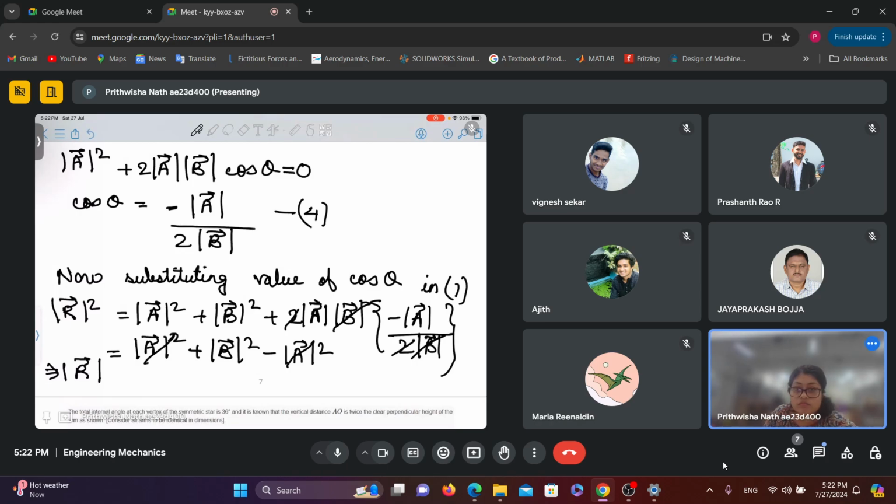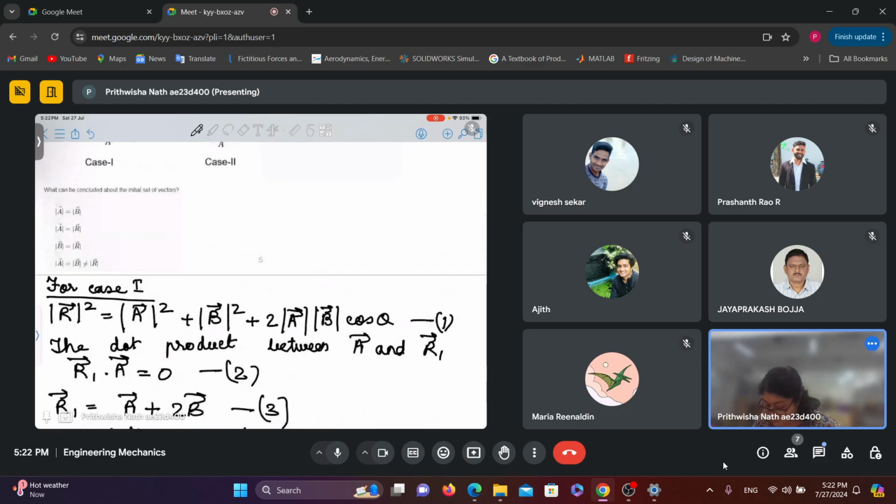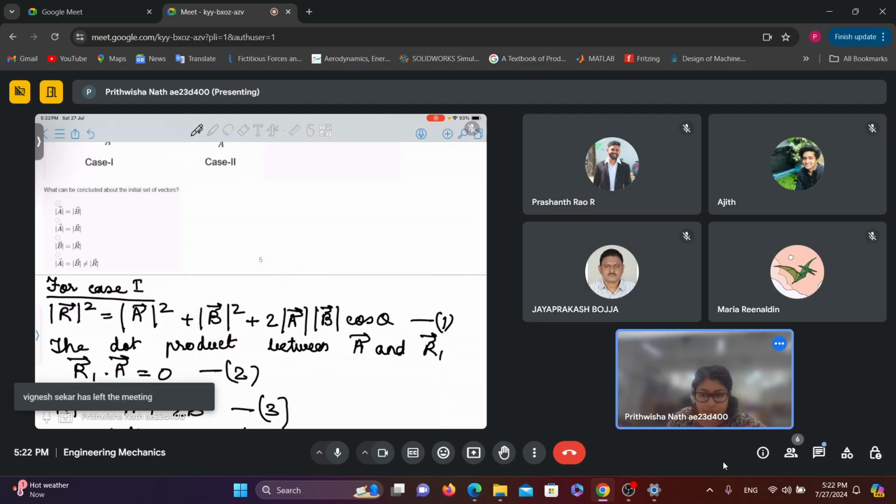Magnitude of vector R is equal to this. So which option is correct? The third option is correct.